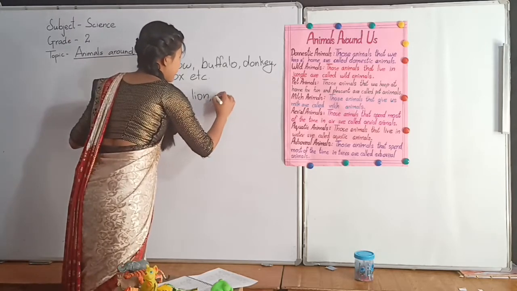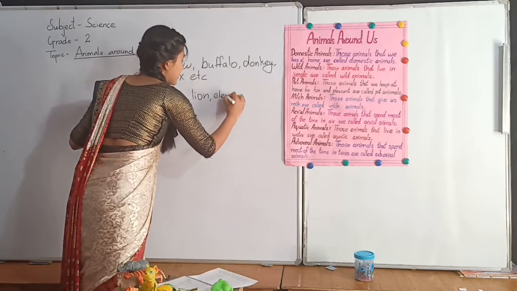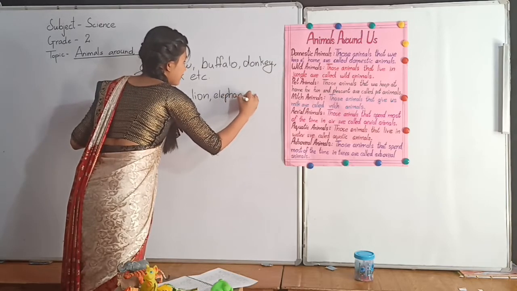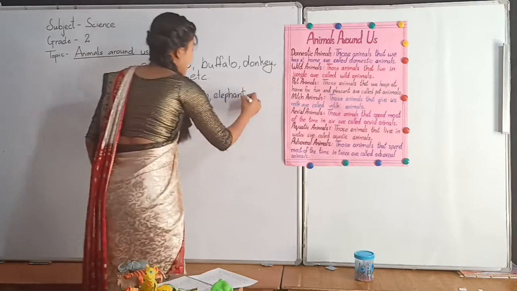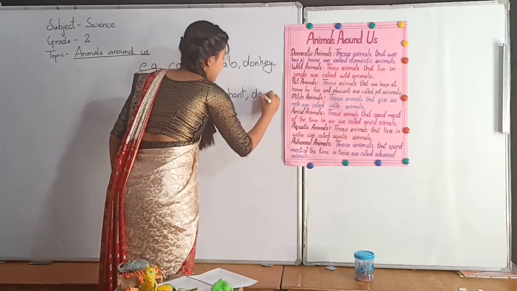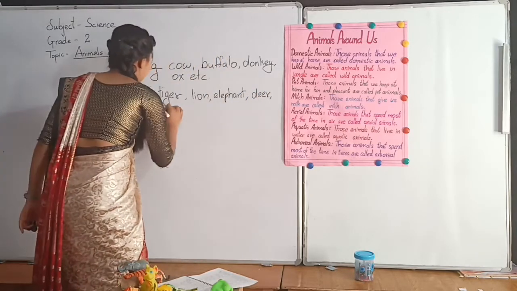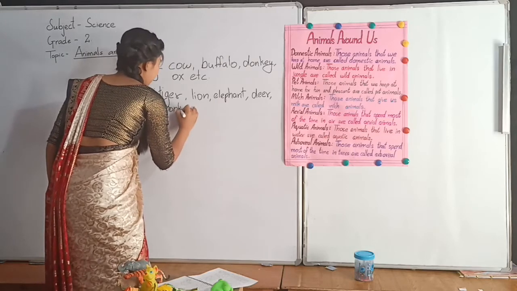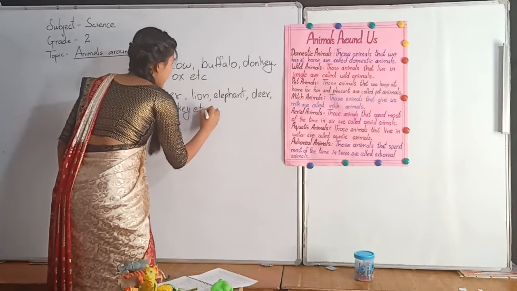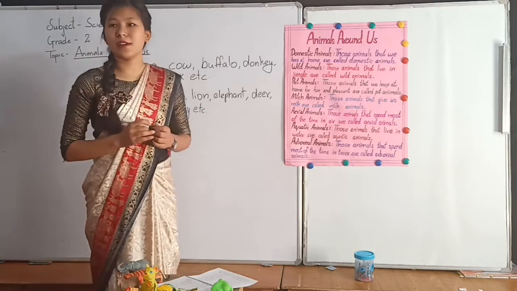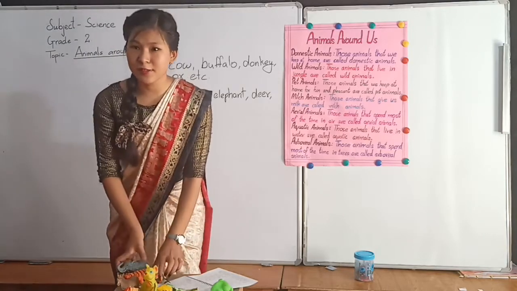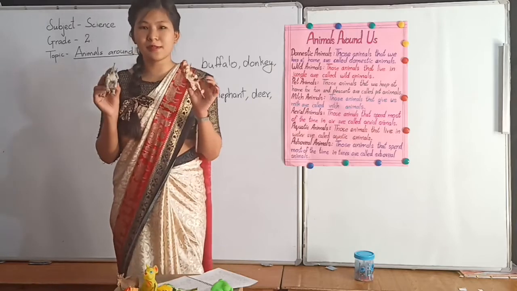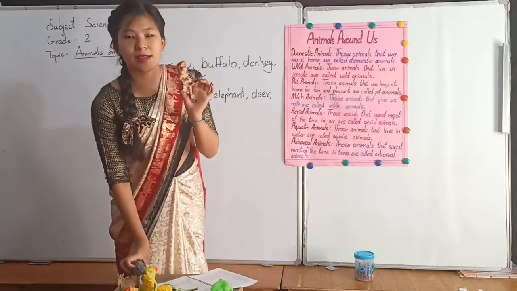Next we have elephant. Elephant is also a wild animal. Deer, monkey, etc. So these are what? Wild animals. So dear students, here I have some wild animals.